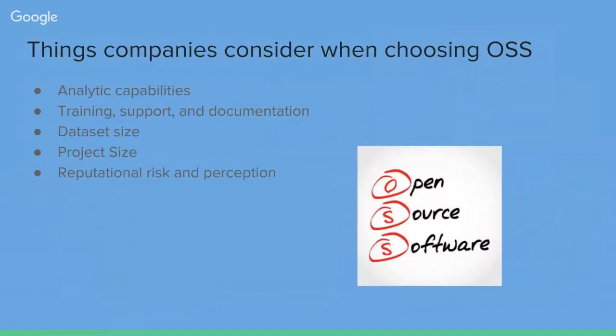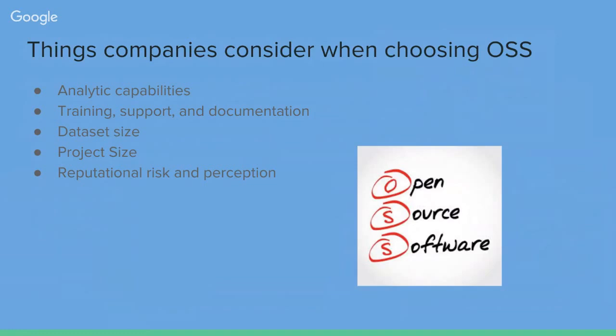So if you're a company, what are some things you should consider when you're going to choose some type of open source software? Well, five main things: analytic capabilities, training and support. Can your employees learn how to use this software? Also, can you support it? Can your tech staff edit and modify it, make any changes that are necessary?